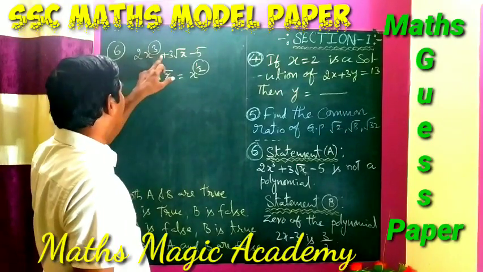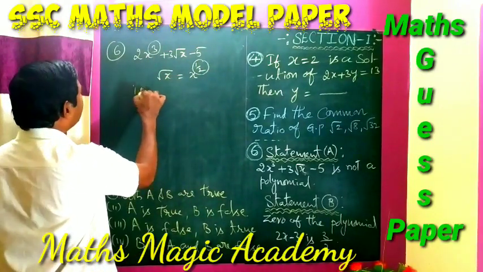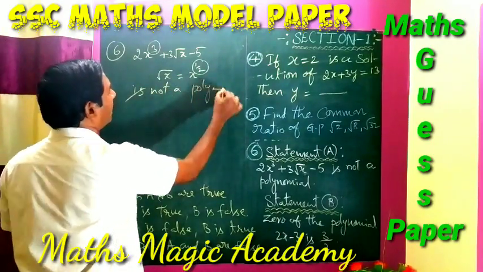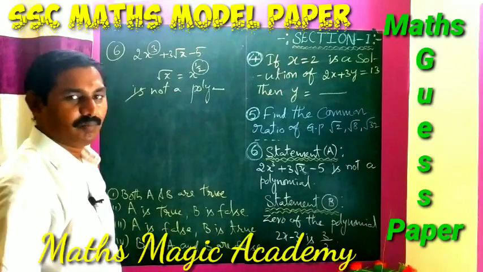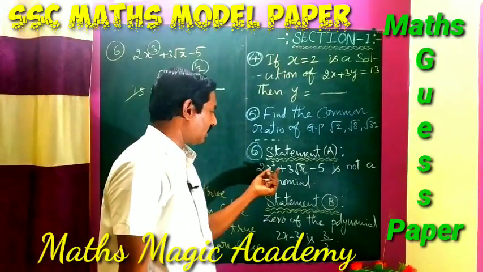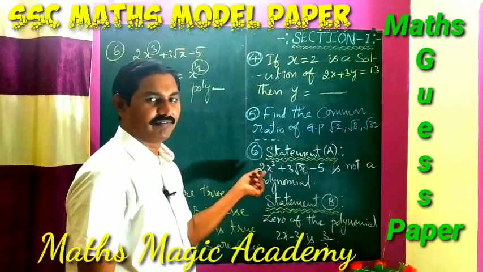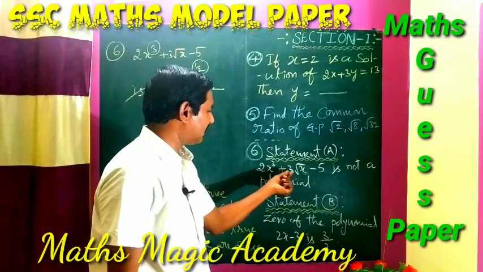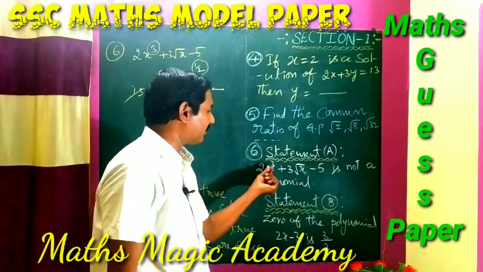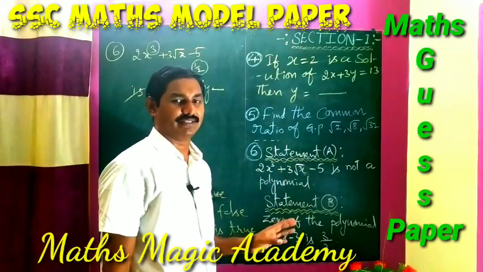So 2x cube plus 3 root x minus 5 is not a polynomial. Very simple. You have to check whether it is a polynomial or not. Each and every time you have to observe that the exponent of the variable must and should be a positive integer.